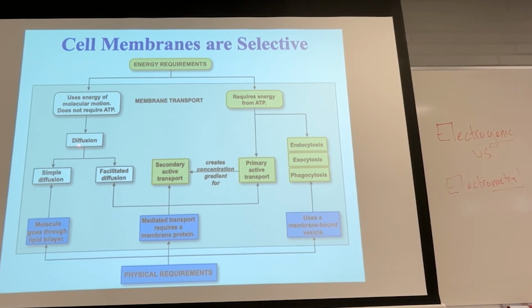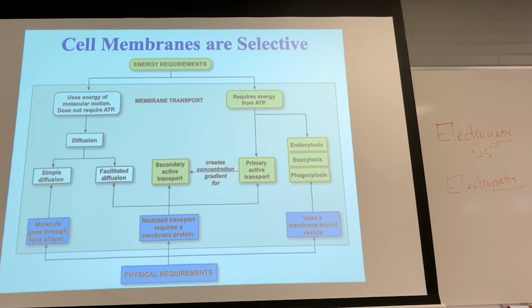Now, there are two types of diffusion when you involve a membrane. The big difference between diffusion in chemistry and in biology is we put a membrane in the way. If something's hydrophobic or really small, you can do what's called simple diffusion, where it just crosses the membrane from one side to the other with no help.